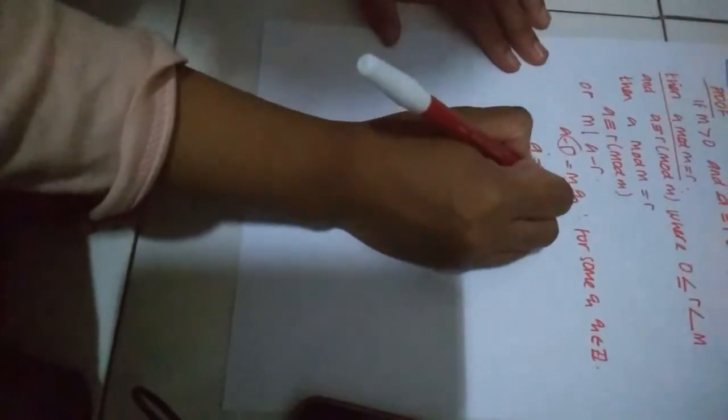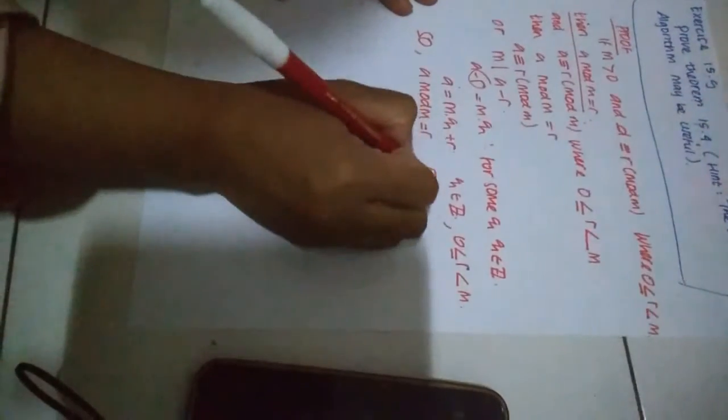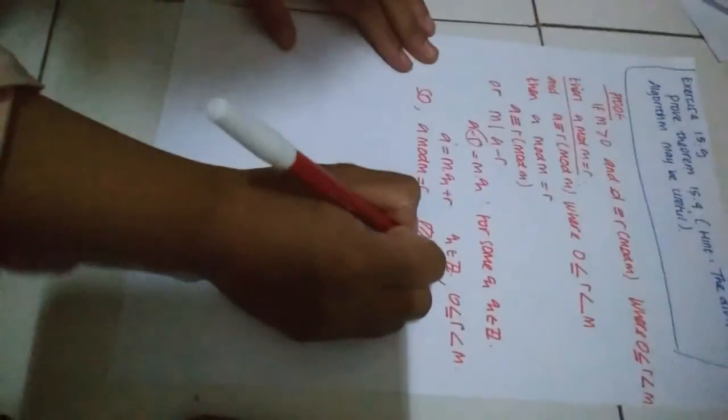We can move this to the right side, so a = m times q + r, and q in integers, and 0 ≤ r < m. So we can conclude that a mod m = r. So that's all for proving these problems.